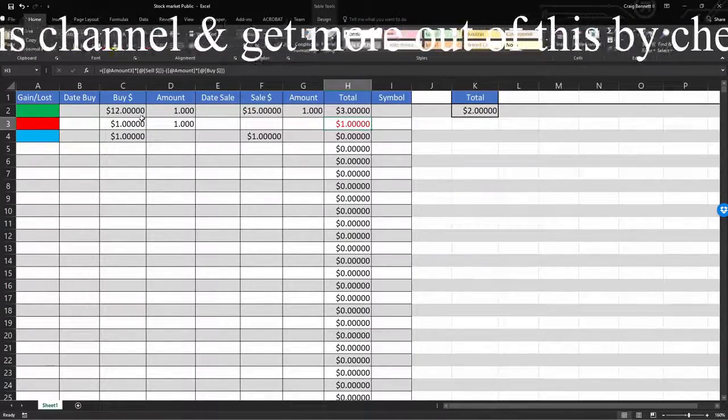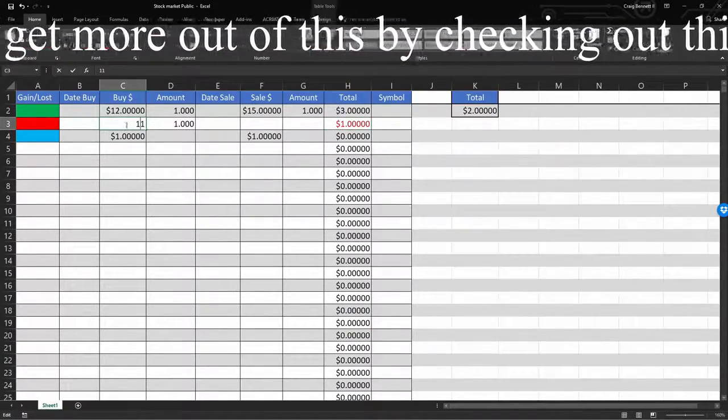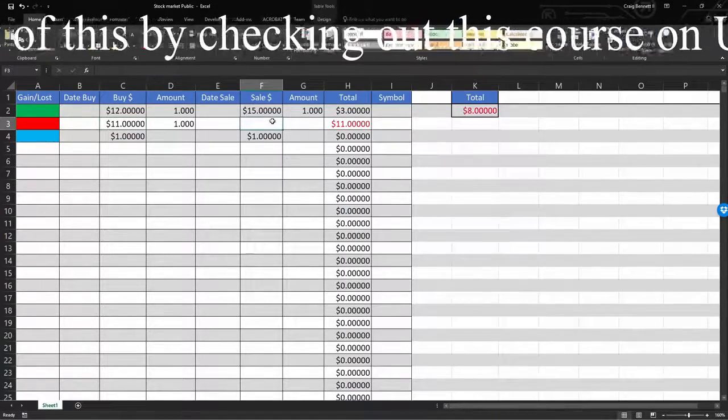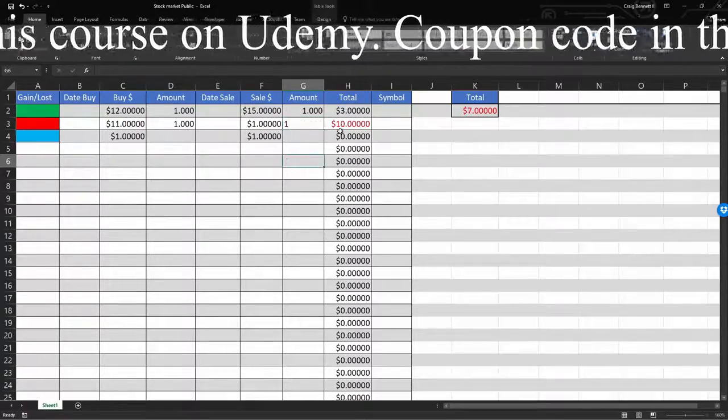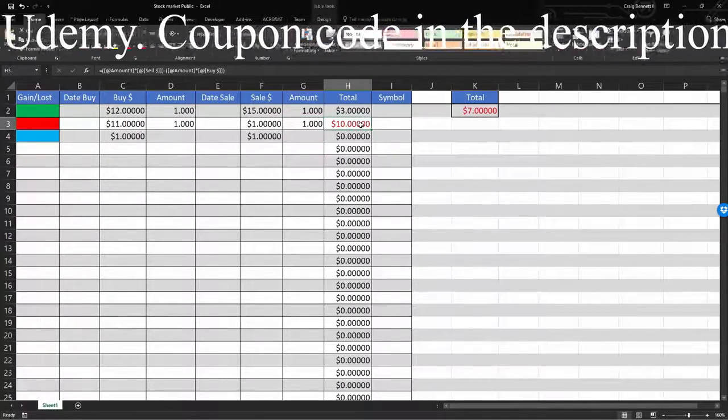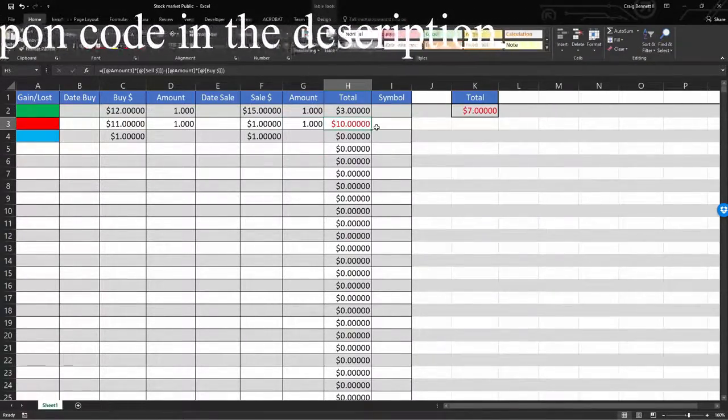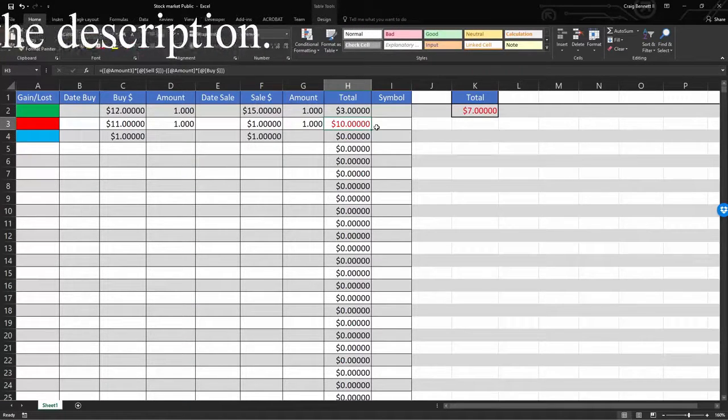So let's say in this case I bought the thing at $11 and sold it at $1. Basically, I'm out $10. I lost $10 on that transaction.